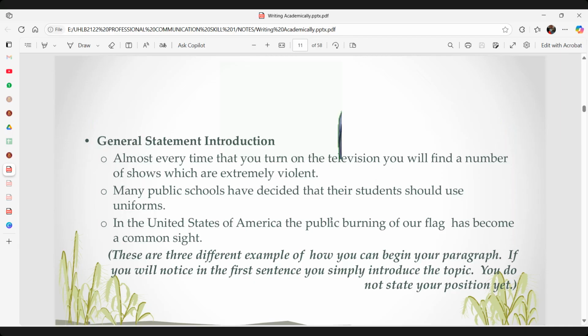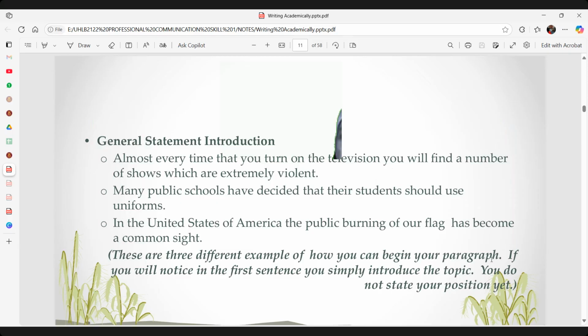Many public schools have decided that their students should use uniforms. Is it wrong? It's not wrong. It's correct. Is it safe? It's safe because it's a fact. But is it interesting? No. So that is the downside, because it's safe and it's correct, but it's not interesting.